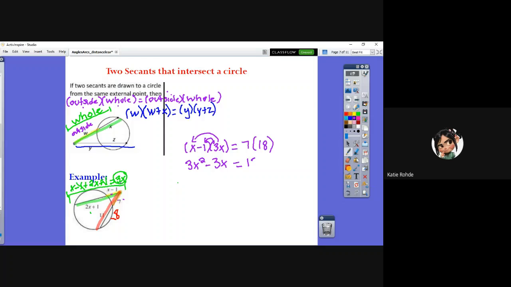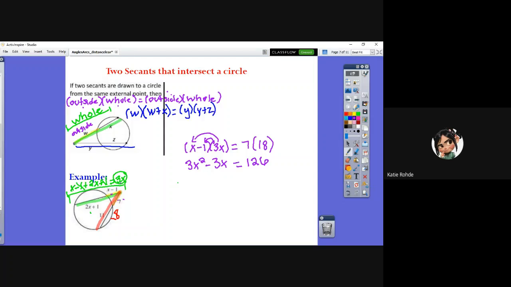equals 126. If you've gotten that far, awesome. This is where sometimes some of these can get a little tricky because it's been a while since you have been in Algebra 1.